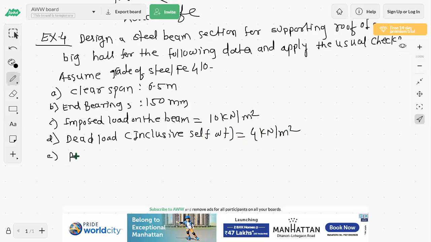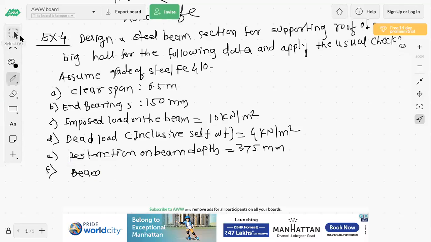E, restriction on beam depth is equal to 375 mm, and small f, beam is laterally supported throughout.